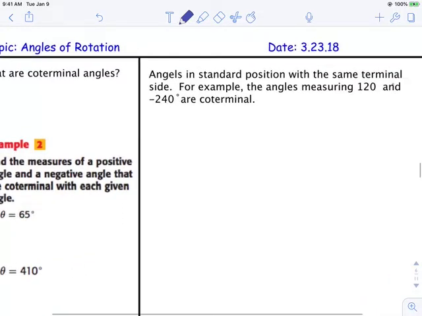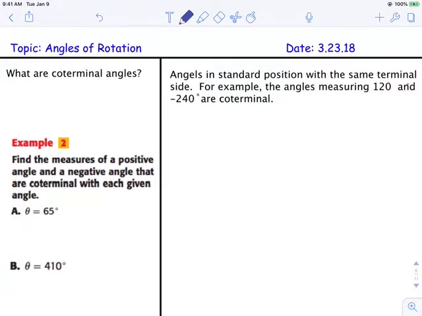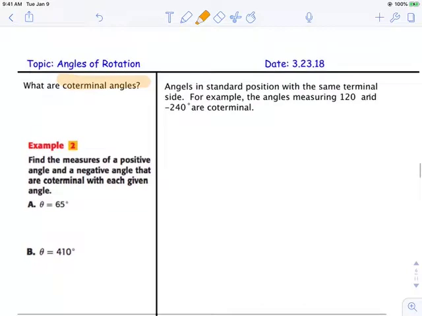Okay. This is another definition. In trigonometry, we're going to have lots of new definitions. So, coterminal. Coterminal is a new one. So get that definition down. Angles in standard position with the same terminal side.